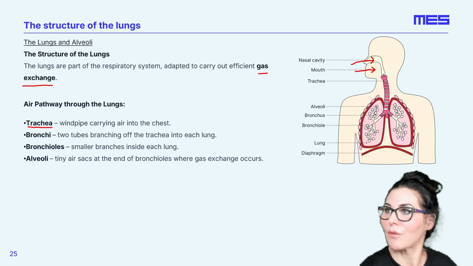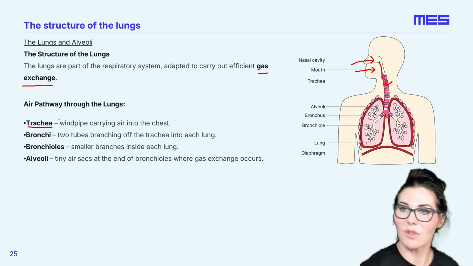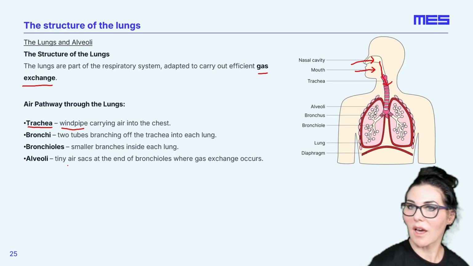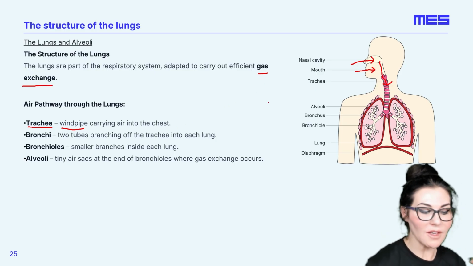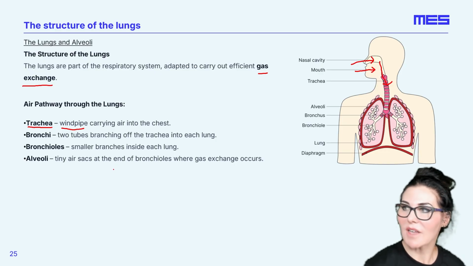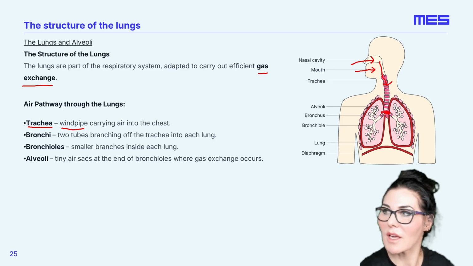The air will then travel down into the windpipe, otherwise known as the trachea. You can call it a windpipe as well. And that trachea, which is held open with cartilage, we can see on the diagram these little rings of cartilage which hold it open, and the air will travel down them until it reaches a point where the trachea subdivides into 2 bronchi, which is around here.